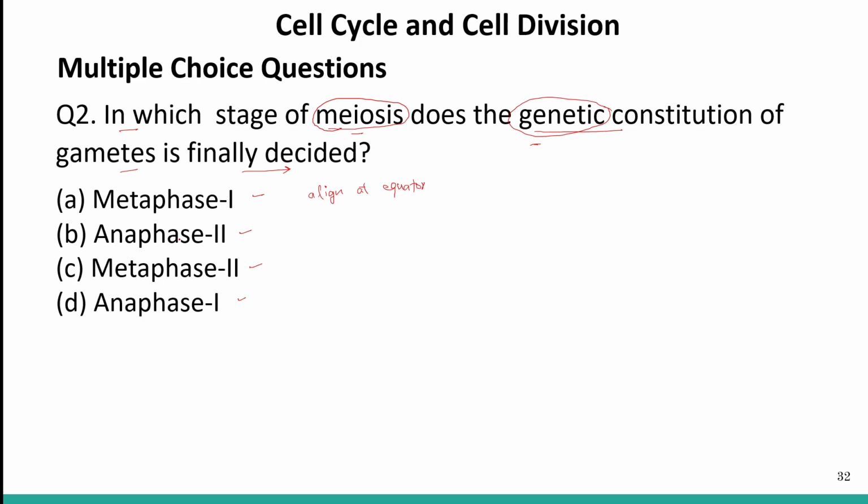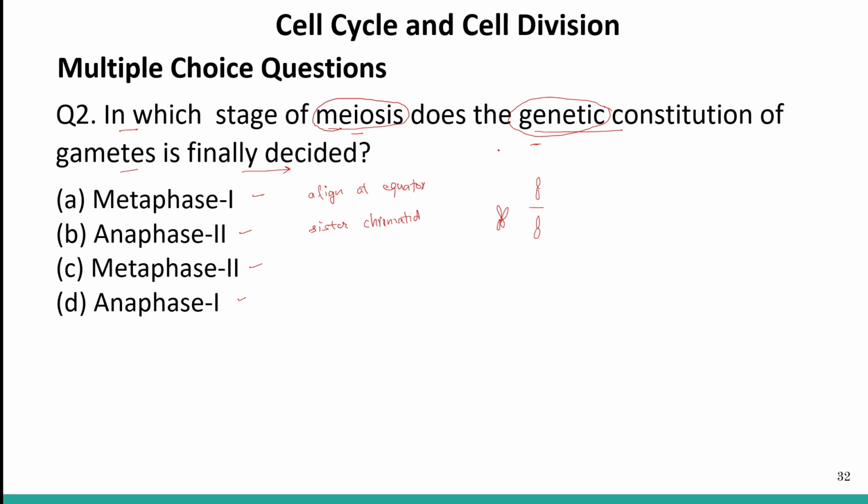In anaphase 2, what happens? The sister chromatids separate. If this is the chromosome, one chromatid will go here, and the other chromatid will go to the opposite pole of the cell.